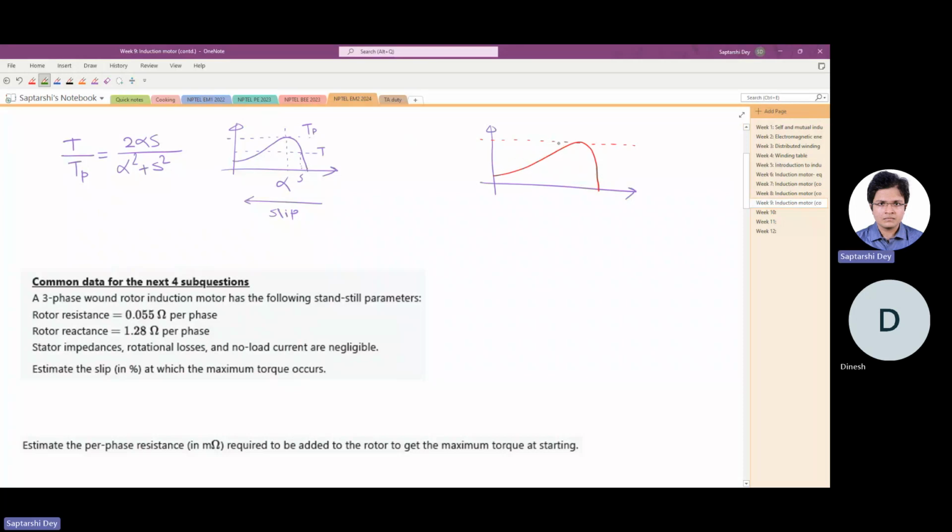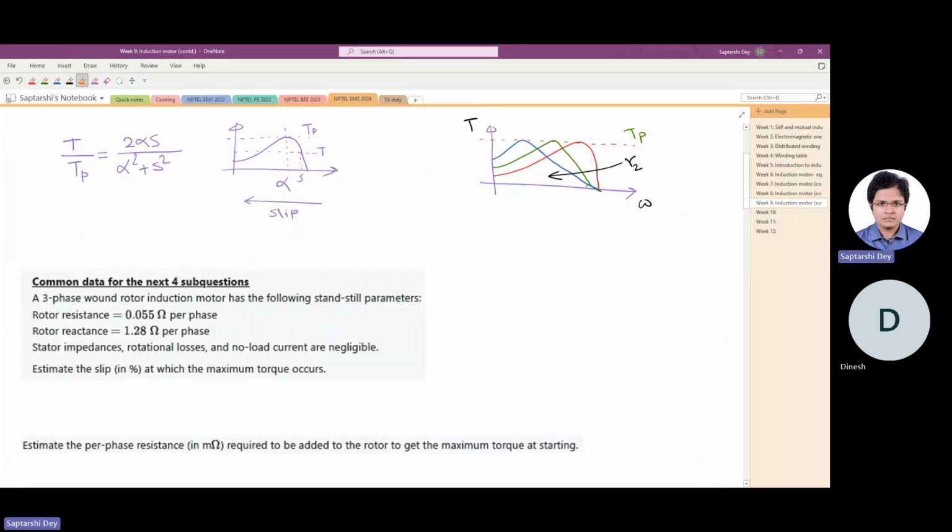The peak torque does not change. The slip at which the peak torque is available changes. Means with increasing rotor resistance, we get the peak torque at lesser speed.